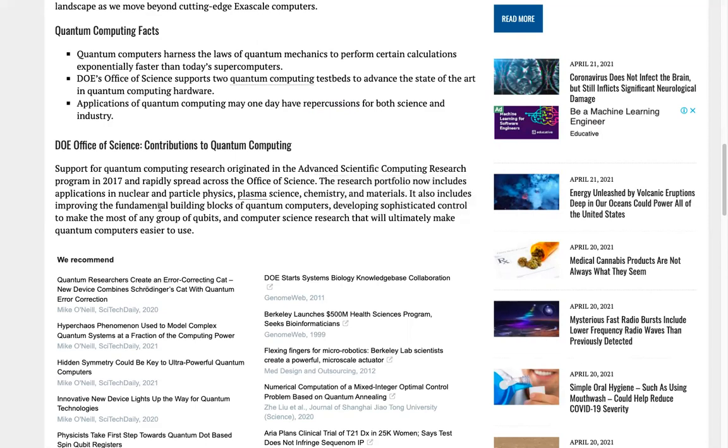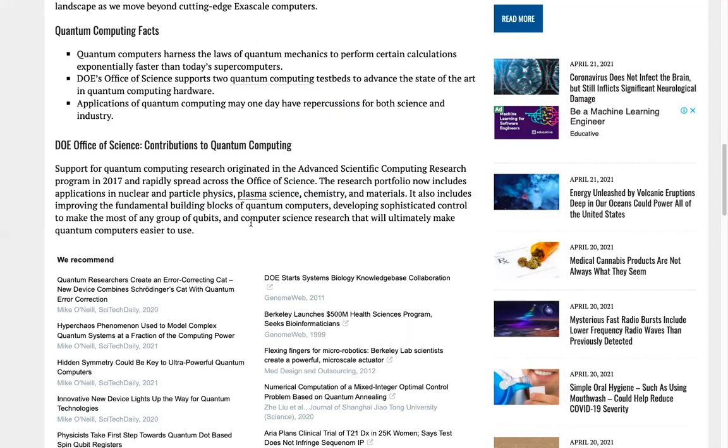It also includes improving the fundamental building blocks of quantum computers and developing sophisticated control to make the most of any group of qubits. They are improving the fundamental blocks of quantum computing, which means the quantum hardware, and developing sophisticated control to make the most of any group of qubits.